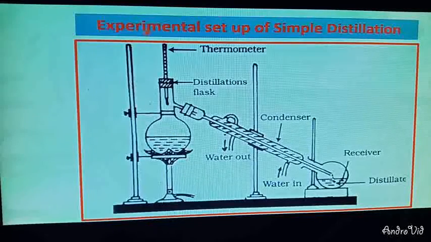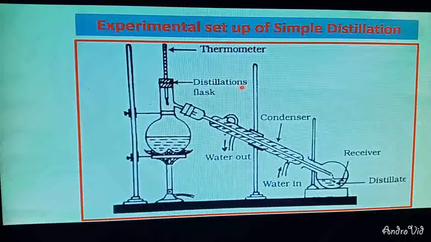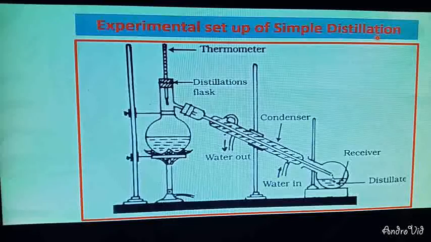So dear student, now about the experimental setup of simple distillation. You have seen in the slide the experimental setup of simple distillation. You know very well distillation involves the separation of liquid from any solution. This is the distillation flask, and this is the burner for heating the distillation flask.